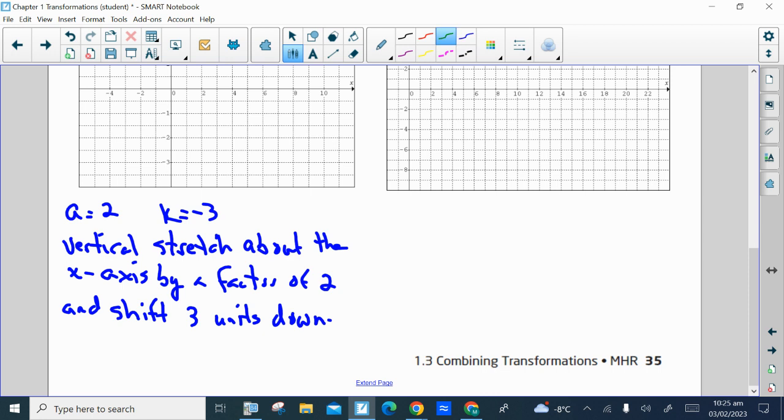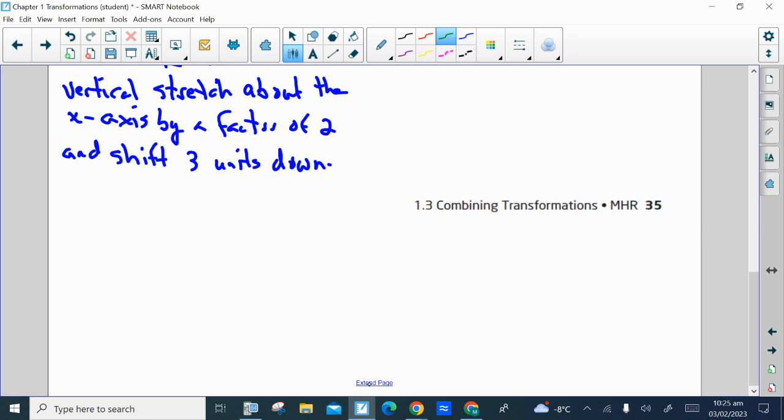All right, so again, we'll start with those same 4 points: 0, 0, 1, 1, 4, 2, 9, 3. And an a value of 2 means a vertical stretch by a factor of 2. Verticals are up and down, and on a graph, it's the y values that go up and down.